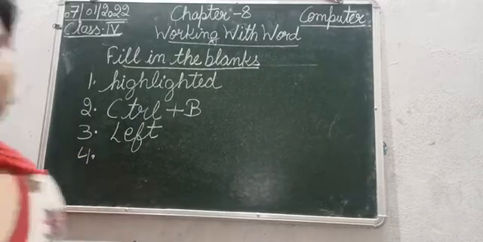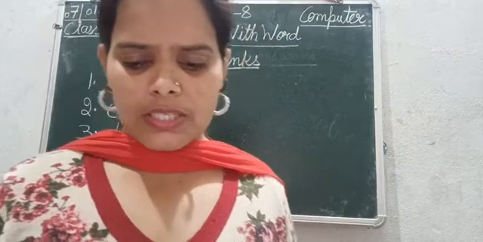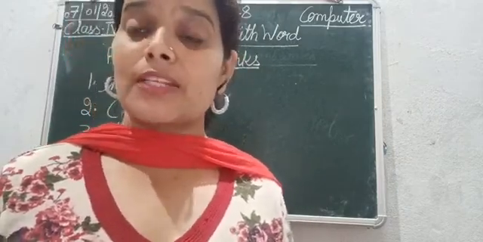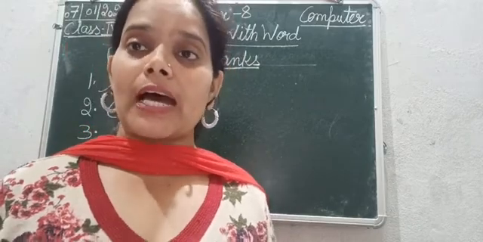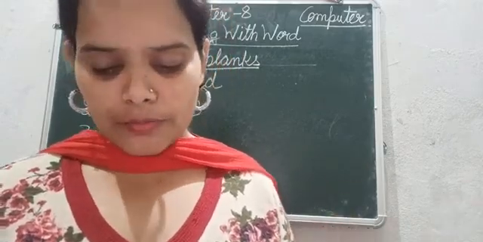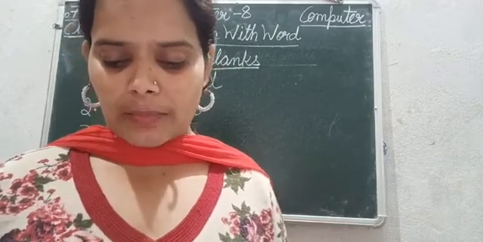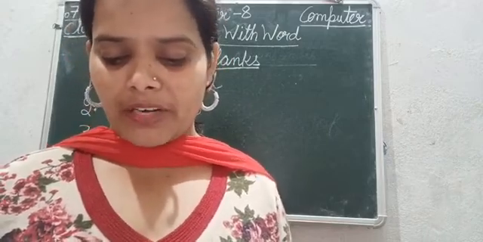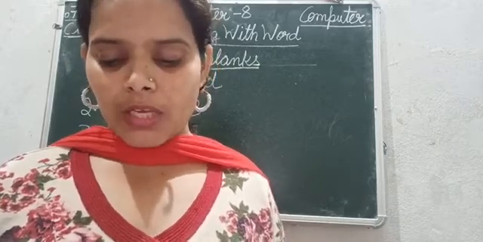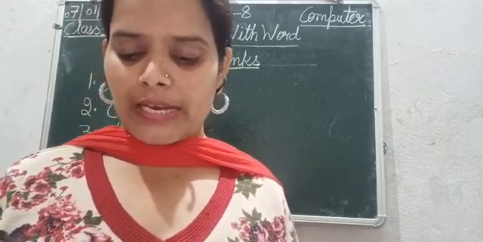Moving next to the fourth one. The fourth is, in dash alignment the text is justified between the left and right margin. So in which alignment is the text between the left and right?